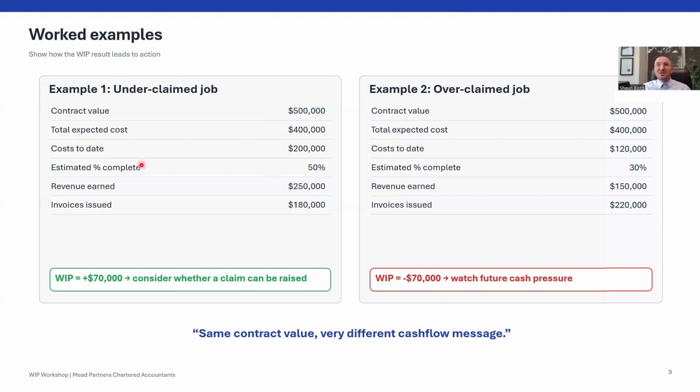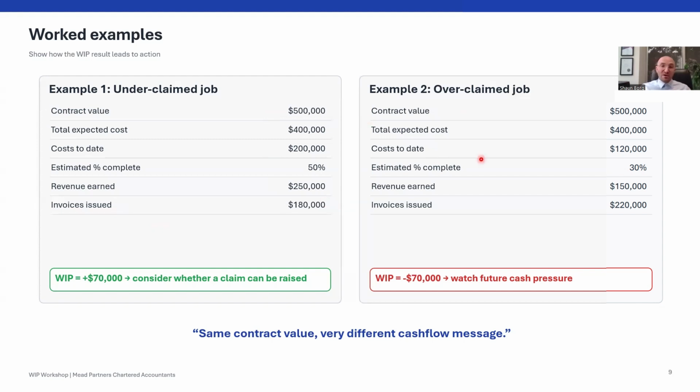It would suggest that we're 50% complete, or halfway through the job. Based on that, the revenue that we have earned is 250,000, being 50% of our contract value. If we've issued 180,000 in invoices, the difference between what we've earned and what we've issued is 70,000, being a positive WIP. In this scenario, if we don't do a WIP adjustment, we're likely showing a smaller profit in our accounting software than we should.